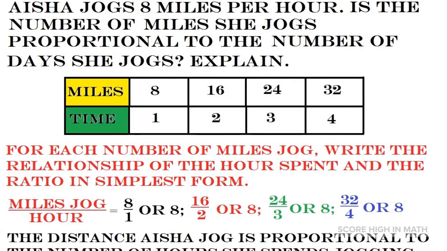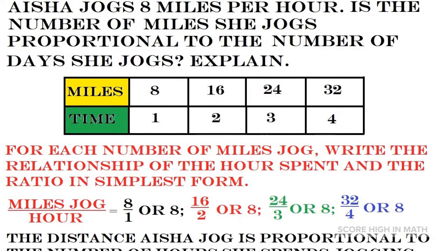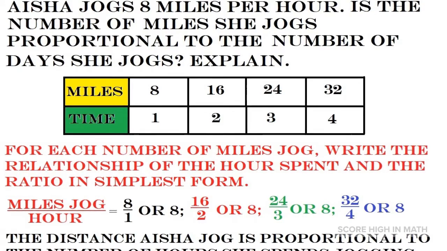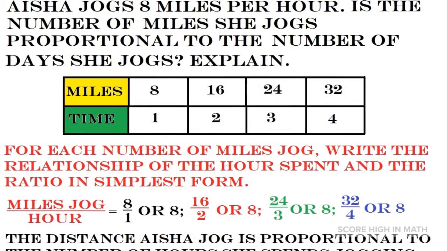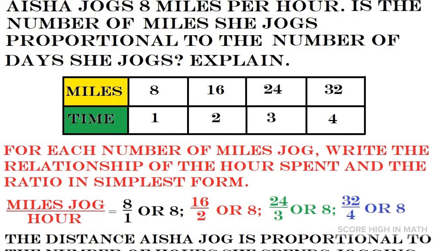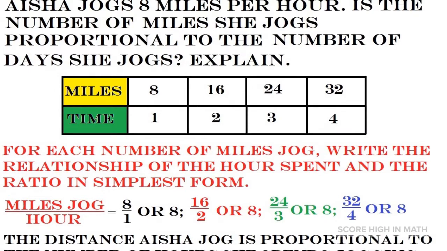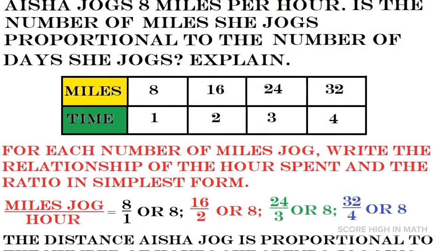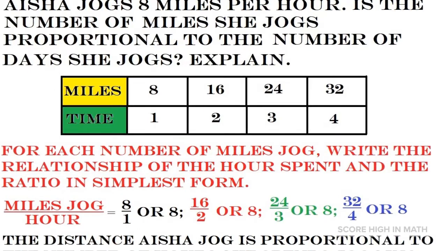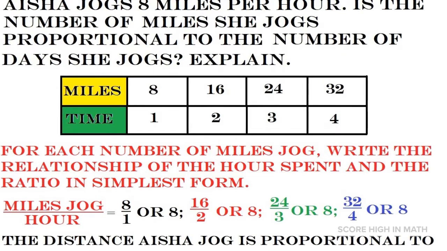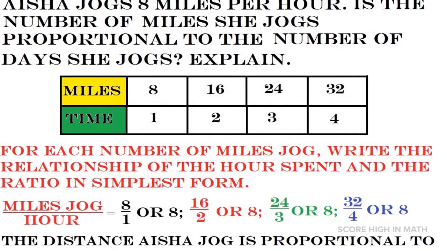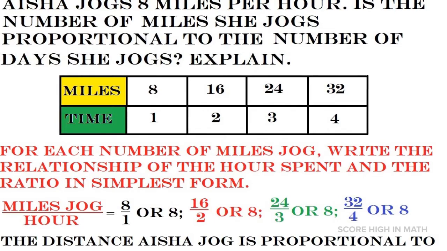On the second column, 16 over 2 is equal to 8. The third column, 24 over 3, also equal to 8. And the fourth column, 32 over 4, is also 8. Hence, the distance Aisha jogged is proportional to the number of hours she spends jogging.